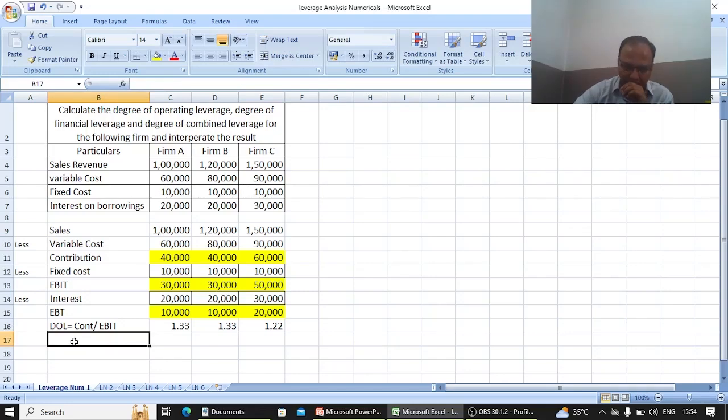Now degree of financial leverage is equal to EBIT by EBT.